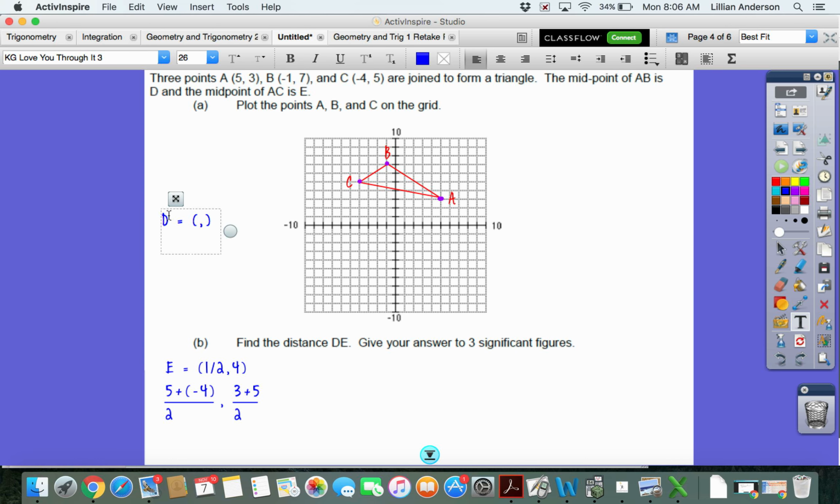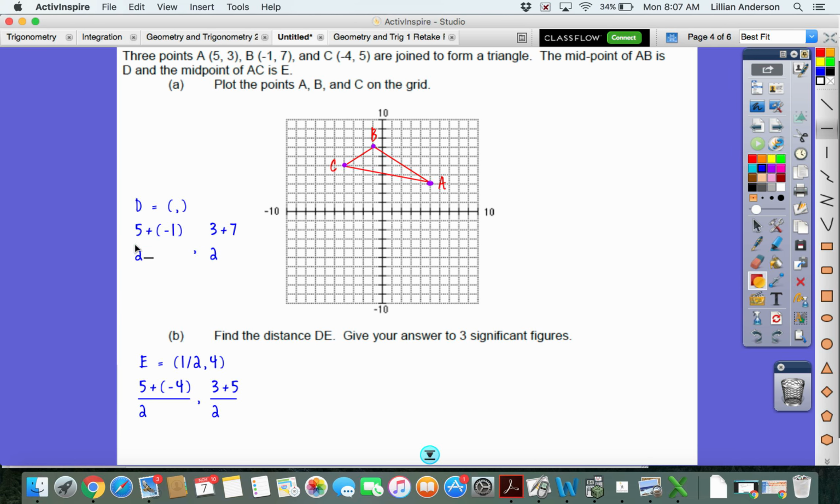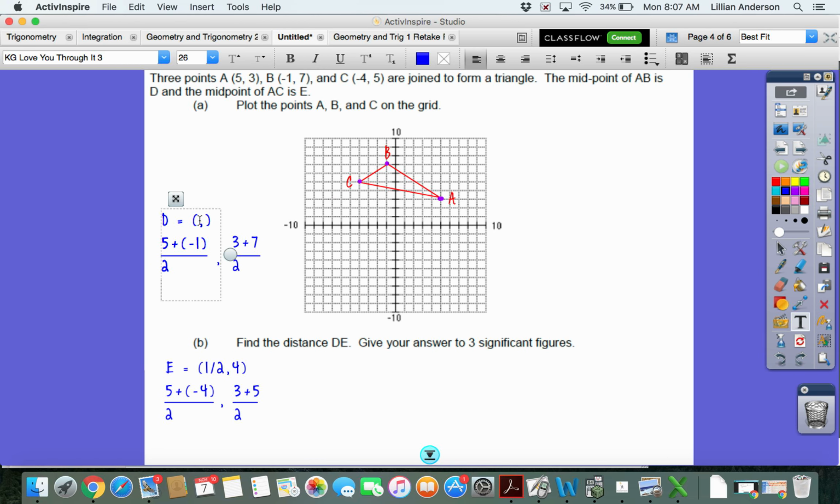To find D, I actually should use A and B. So it's going to be 5 plus -1 over 2, comma, 3 plus 7 over 2. My mistake there. So then we'll have 4 over 2, which is 2, and then we will have 10 over 2, which is 5. So those are our coordinates.